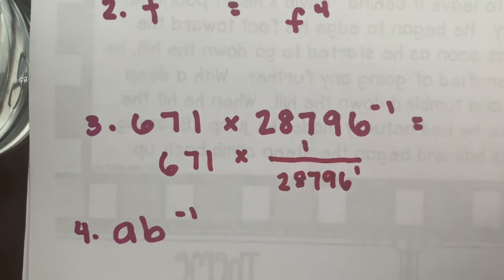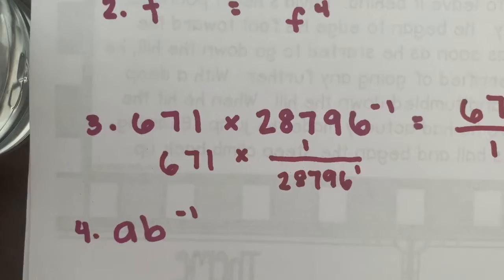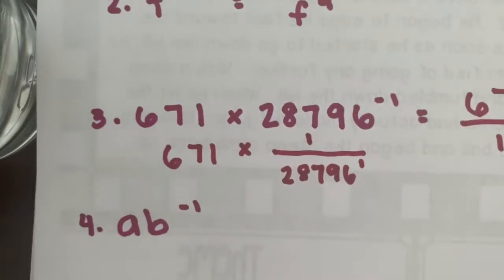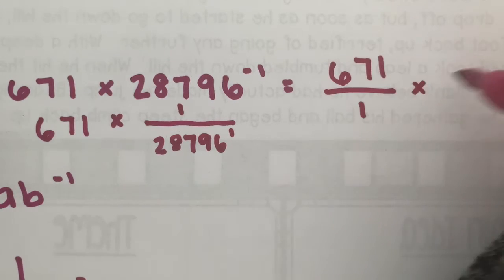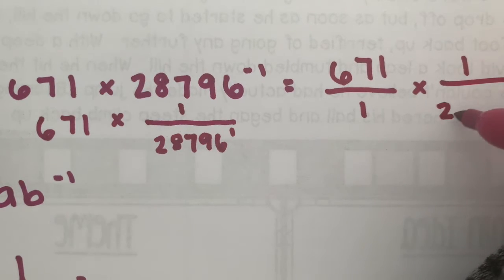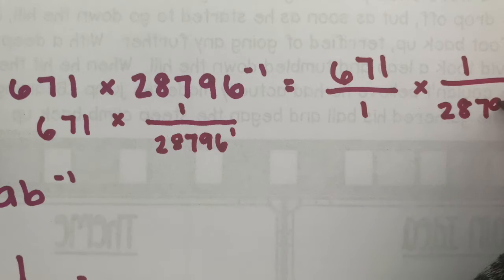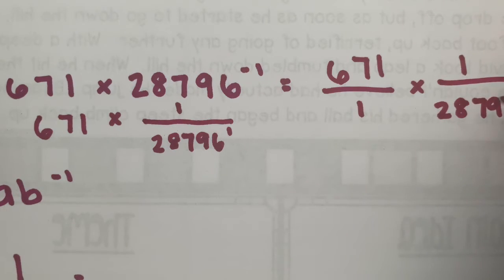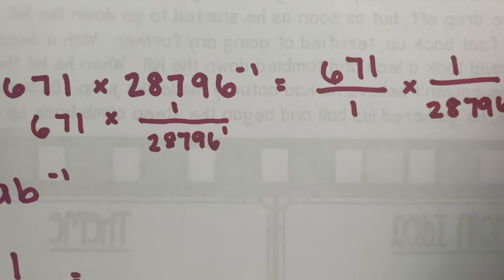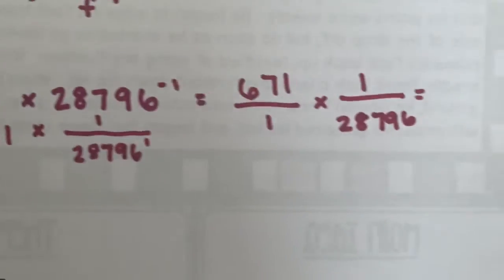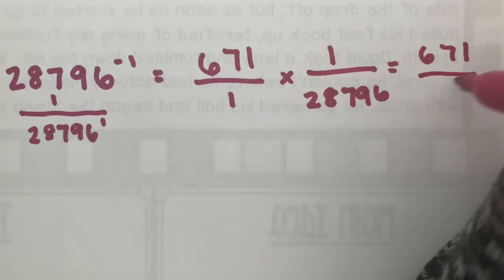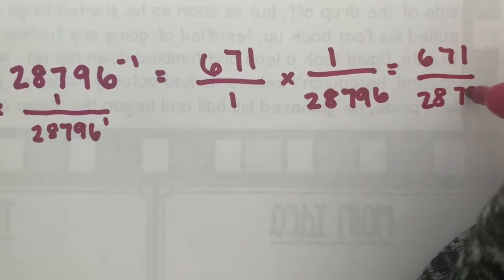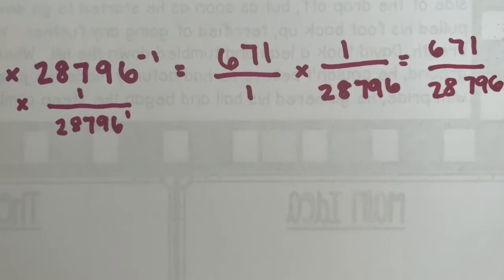So let's multiply this across. 671 over 1 because it's a whole number, times 1 over 28,796, and anything to the first power is just the same number. Now multiply across, you would get 671 over 28,796. Just leave it at that.